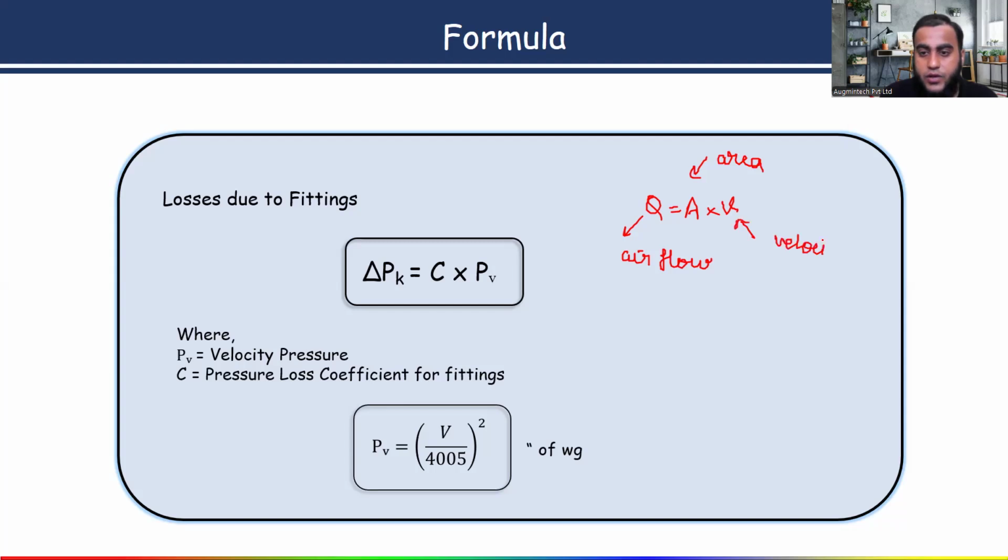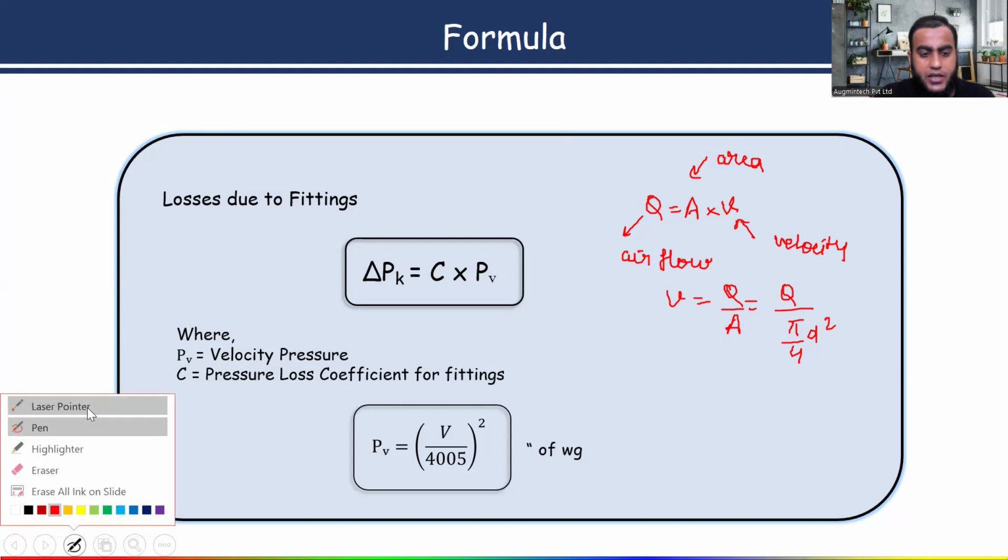So if you want to calculate the velocity, V = Q / A. Q we already get from the heat load calculation, and the area of the duct, if you are using circular duct, is the area of circle, π/4 × d². Simple, you will get the value of V. It is very easy. I will show you in Excel so you will get the idea about each and everything.